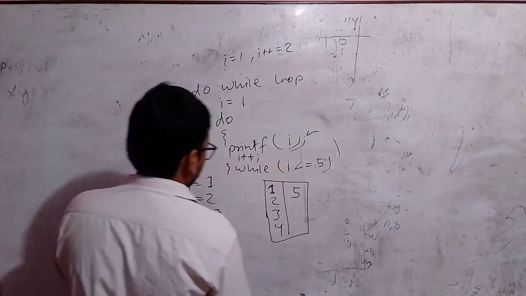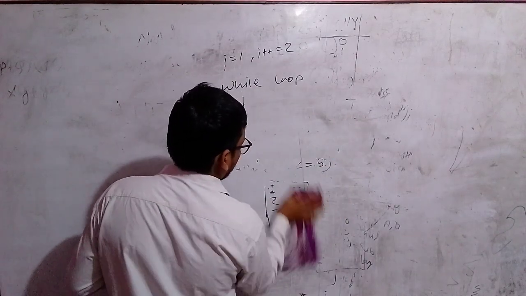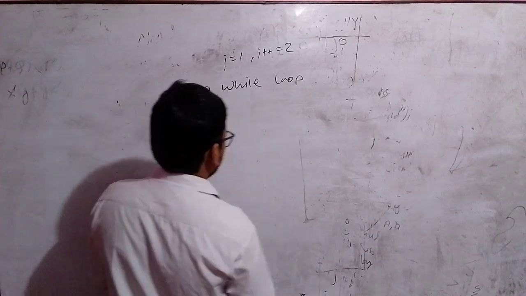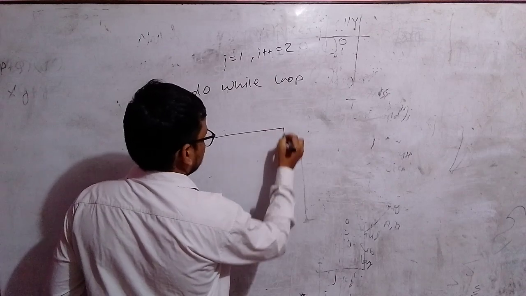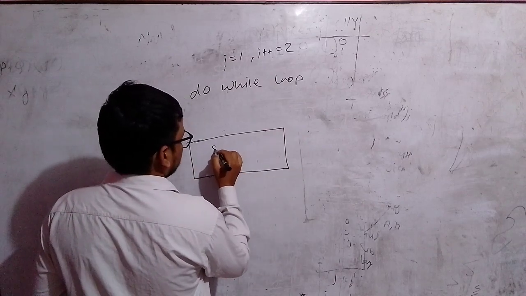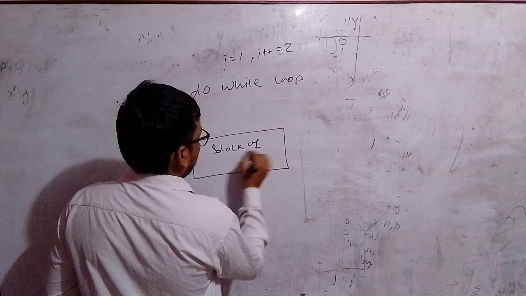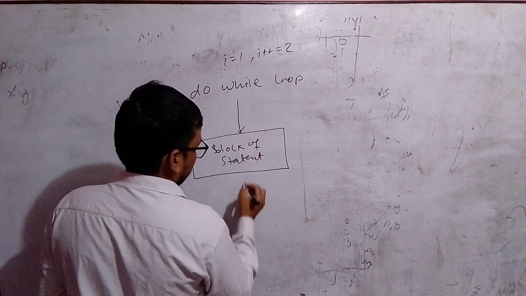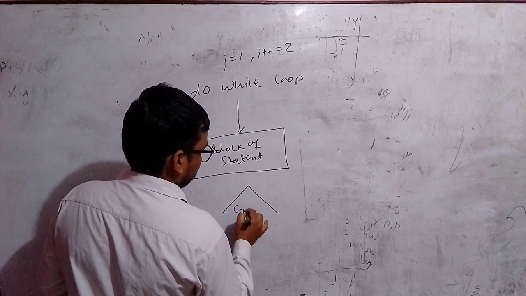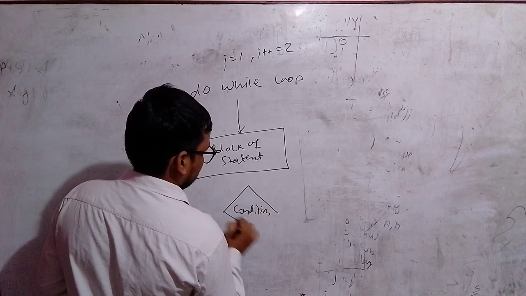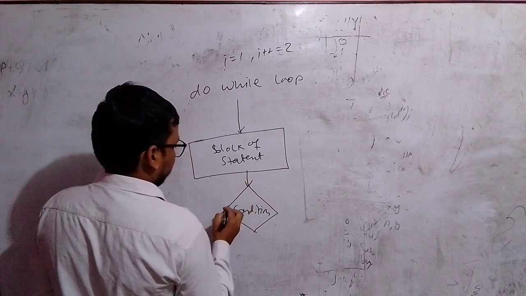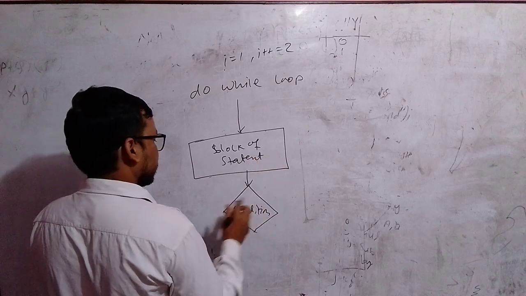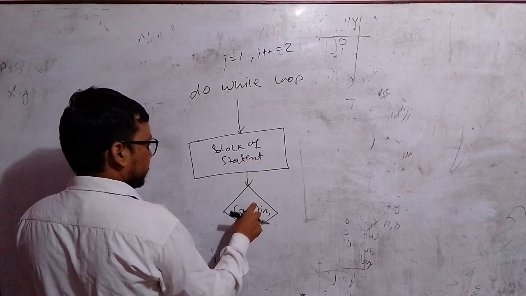Now let's draw its flowchart. First of all, the block of statements. After that, the condition. At least once this block of statements will execute, and after execution the condition will be checked.